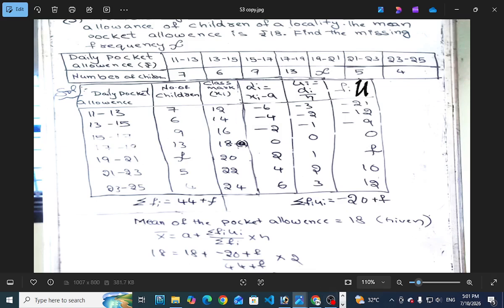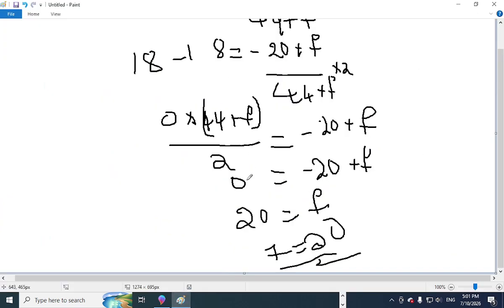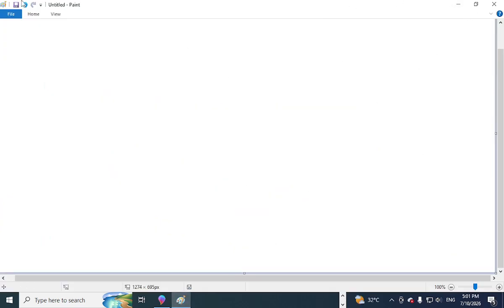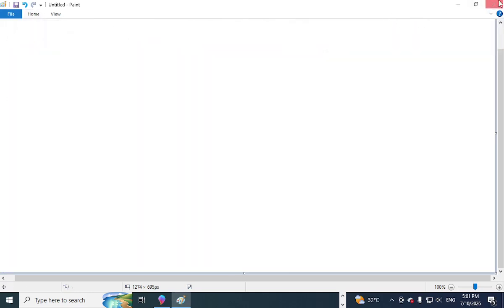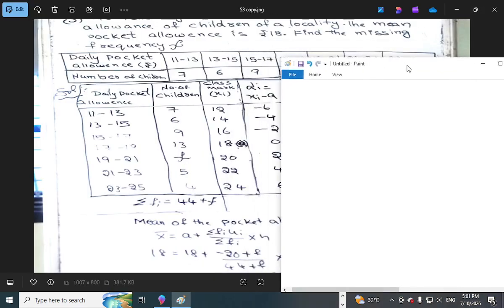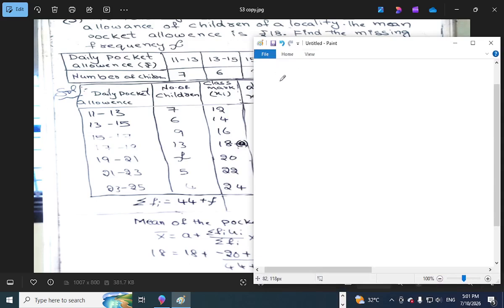The first class here is 11 to 13. To find the midpoint of the class, take the lower boundary and upper boundary of the class and find the average of the two.